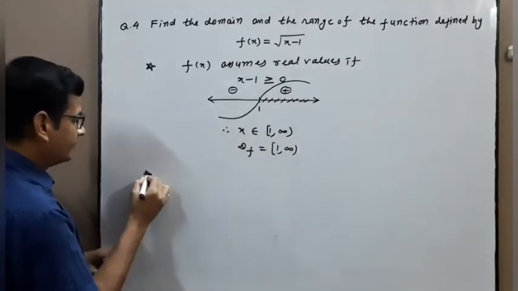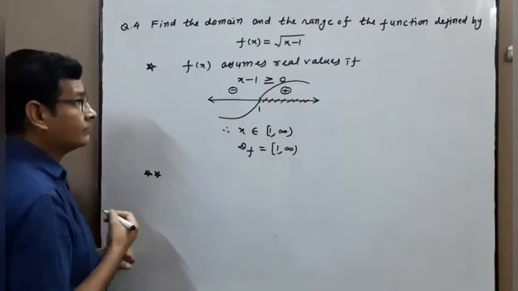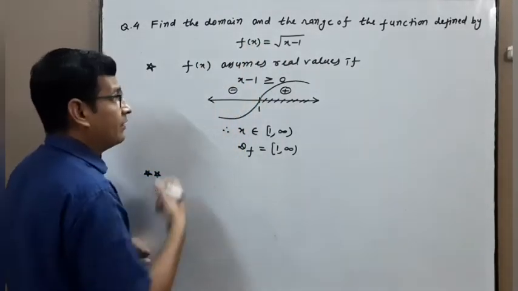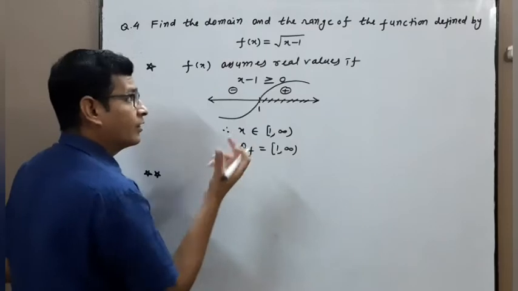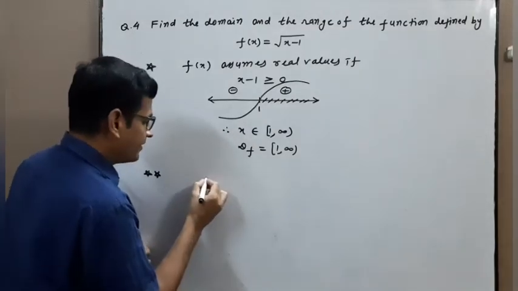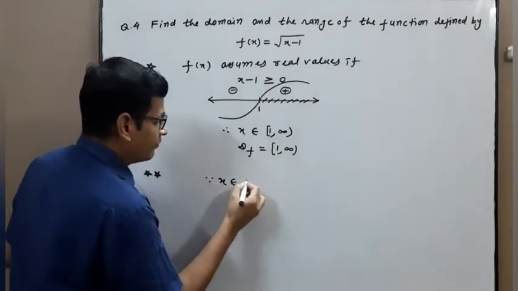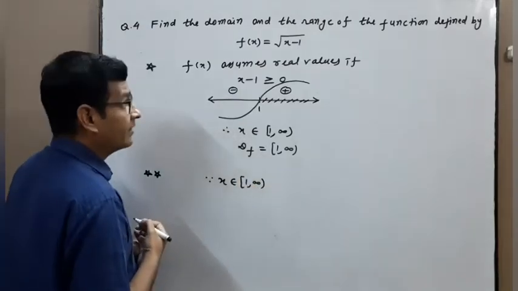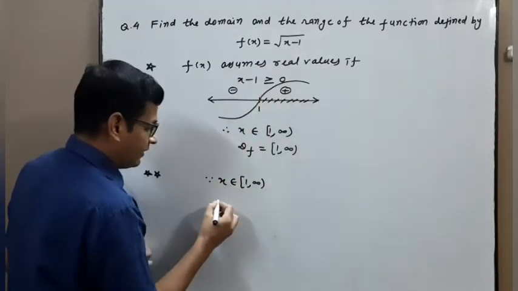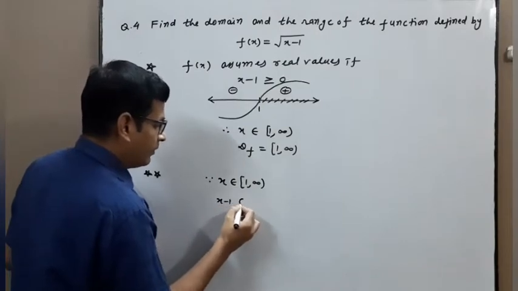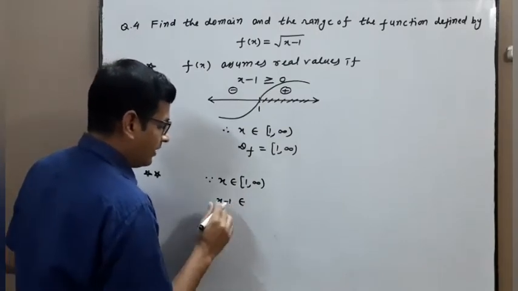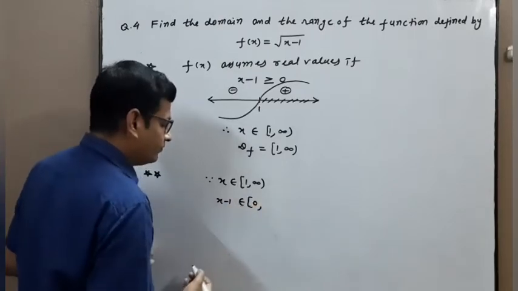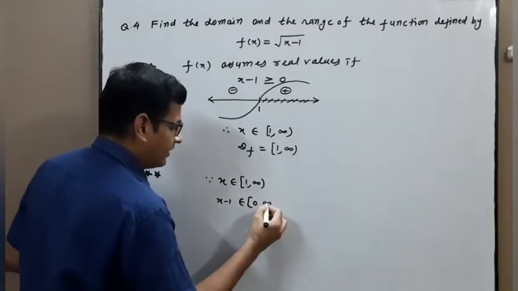For range. Range means all possible values of f(x), and the value of f(x) depends on the domain. अब since x belongs to 1 to infinity, the domain of the function is given, then x minus 1 belongs to 1 minus 1 which is 0, and infinity minus 1 which is infinity.